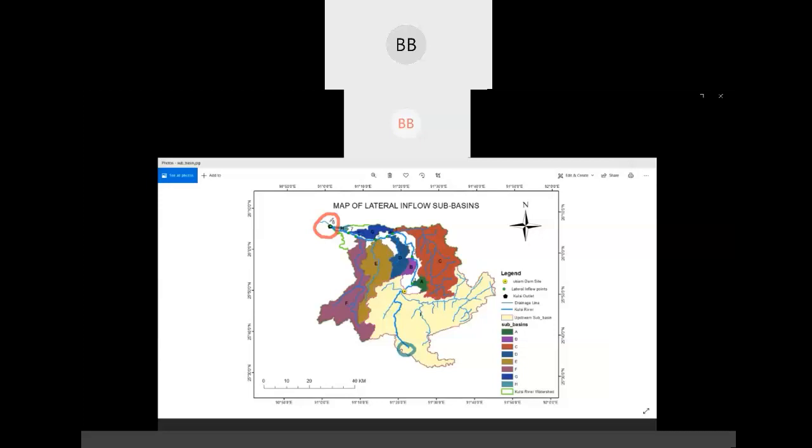Now if we need to calculate the slope at this location, whatever slope we have calculated here is from the beginning to the end of the river. If we want to find the slope here, we are going to take two sections. One definitely is here, and one we should take upstream.